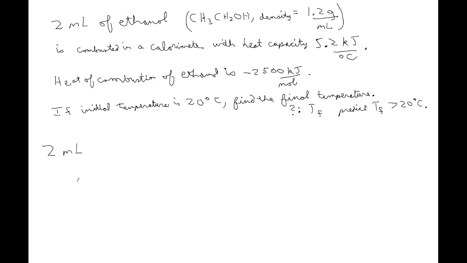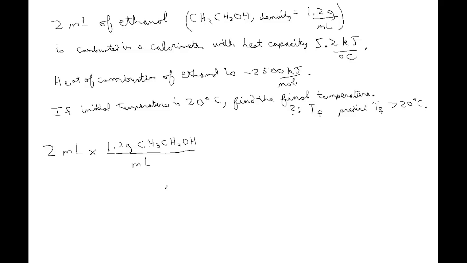So what was this? Oh, 2 milliliters of ethanol times the density, 1.2 grams. So 1.2 times 2, that's 2.4 grams of ethanol. And then we have to convert that to moles.